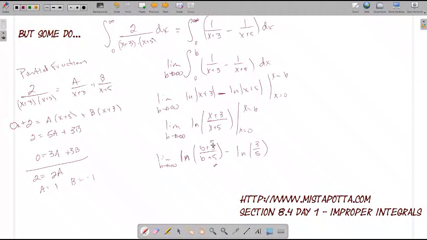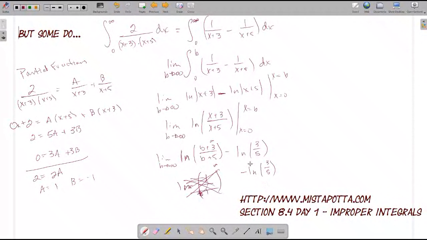The derivative of b plus 3 is 1, and the derivative of b plus 5 is 1. So I really have the natural log of 1. Well, that's nice. In other words, my area is really the negative natural log of 3/5.